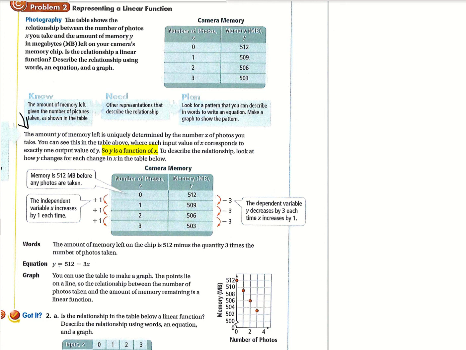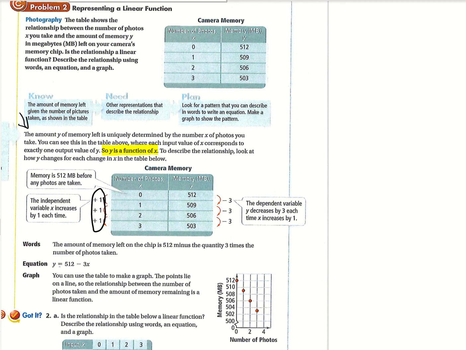Okay. To describe this relationship, look at how Y changes for each change in X in the table below. Okay, so you can see when you look at the table, for each value of X, we're going up 1. I've got to get this highlighter off. I am doing horrible with that today. Sorry, guys.